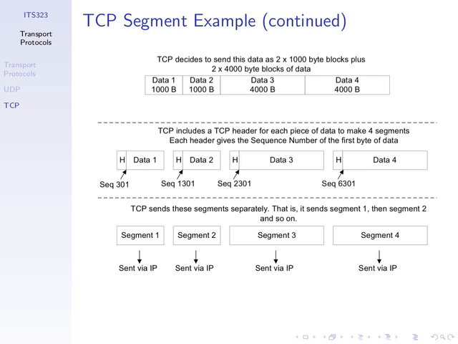And we send these 4 segments across the internet. That is, we take the first TCP segment, put it inside an IP datagram, so attach an IP header, and transmit that across the internet. It will get to the destination, will receive and process, and will receive the first 1,000 bytes of data.